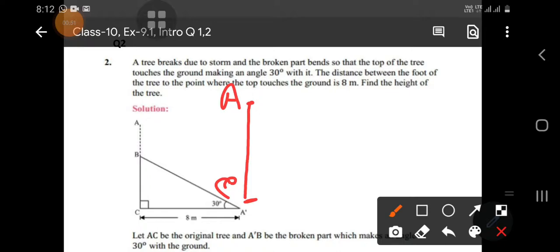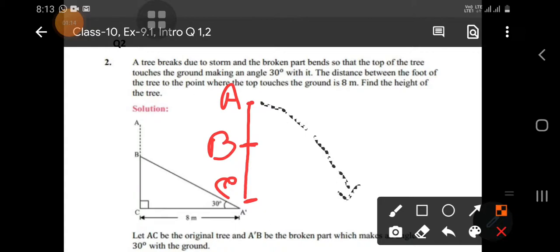Now the storm breaks this tree at point B. Suppose at point B it is broken, so after breaking it will fall down like this and reach like this.